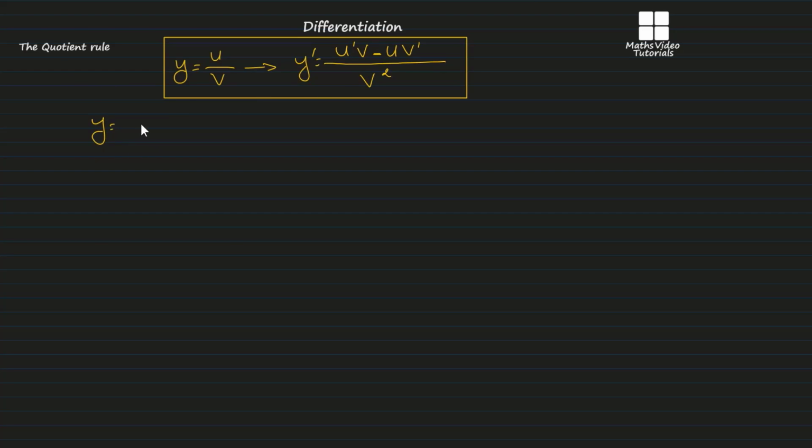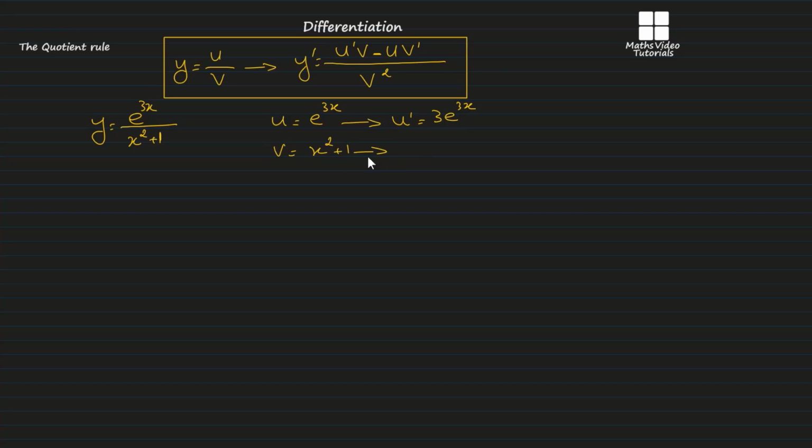We're going to take an example. I'm going to do e to the power of 3x over x squared plus 1. So we're going to say u is the numerator, e to the 3x, and v would be our denominator, x squared plus 1. And we're going to differentiate u to give us 3e to the 3x.